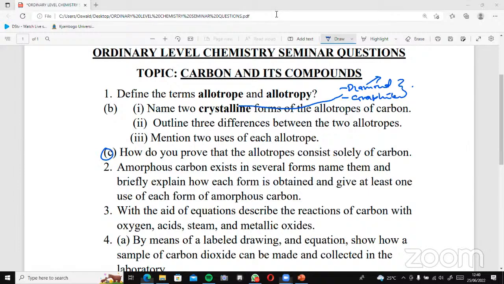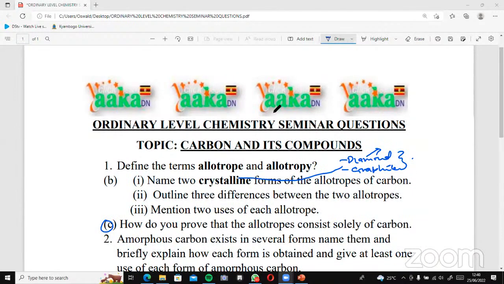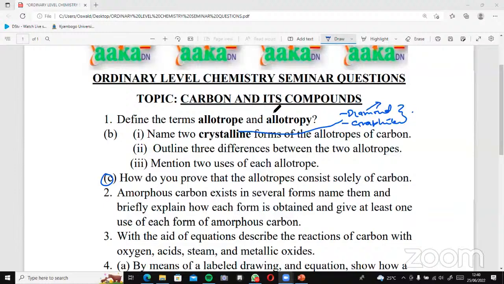You can unmute and give us an answer. Okay, there we said that we take equal amounts of graphite and diamond. Then we burn them in oxygen, and they will give us the same volume or the same amount of carbon dioxide.